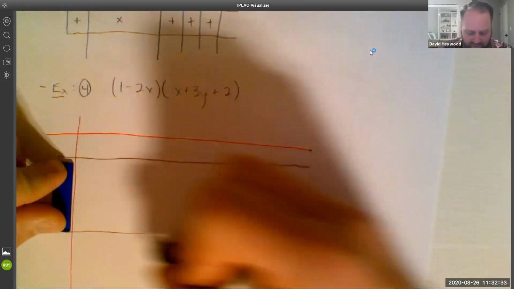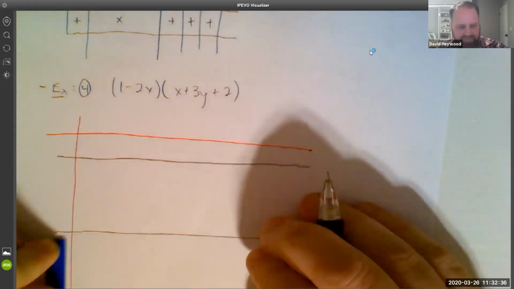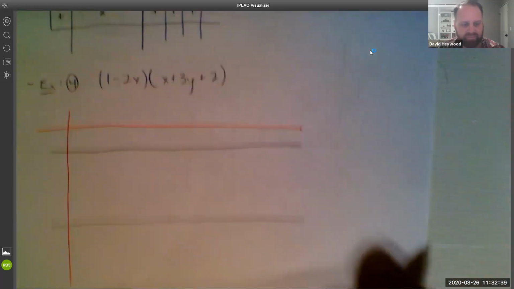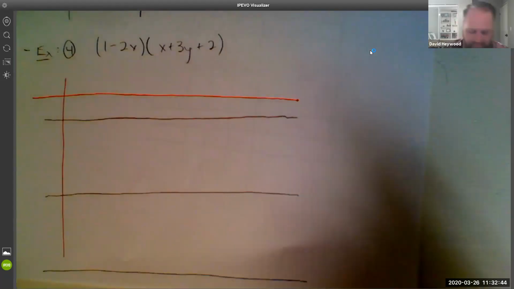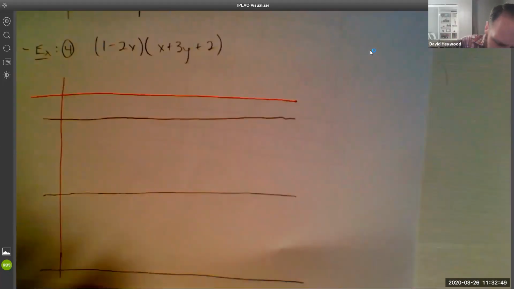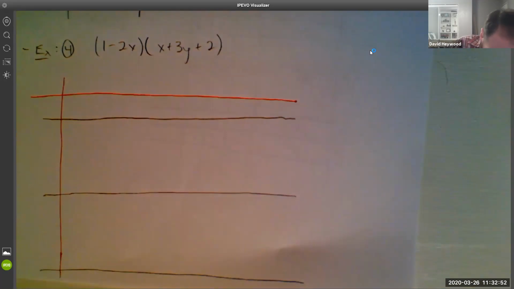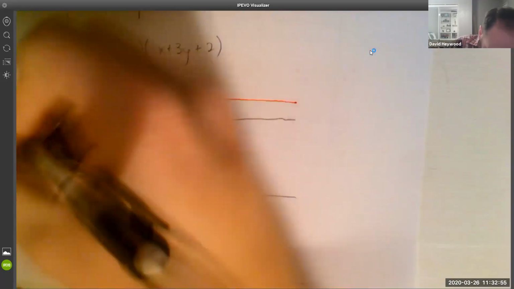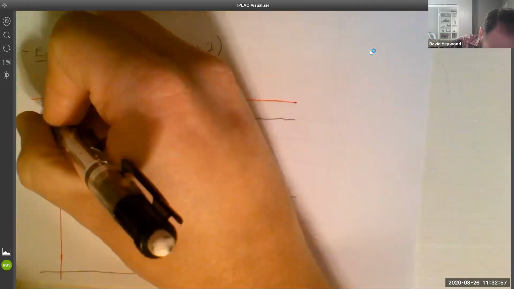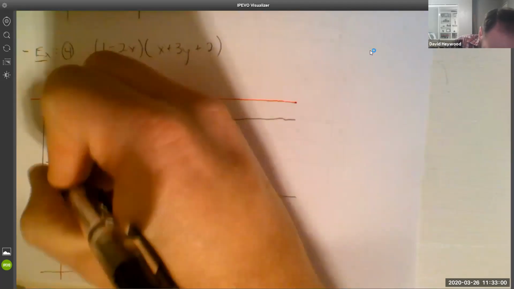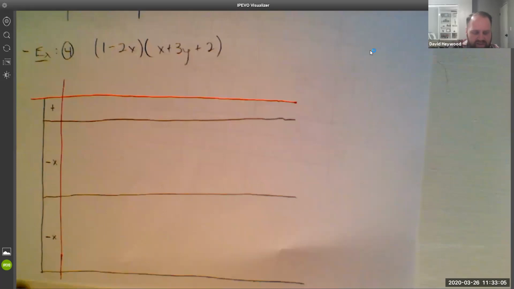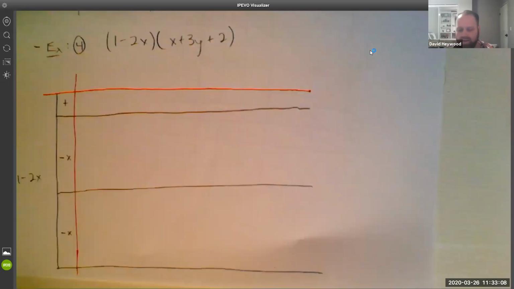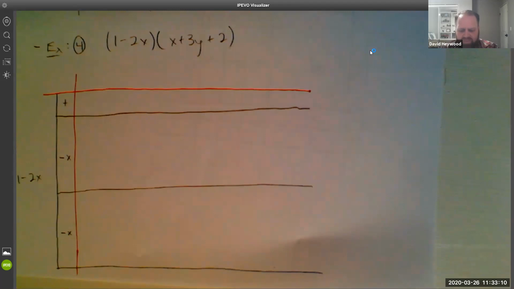Oh, good, it'll fit, just barely. Okay, so there's 1 minus 2x. x plus 3y plus 2.